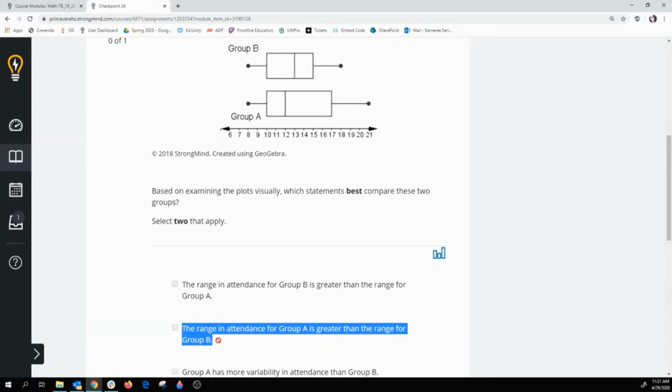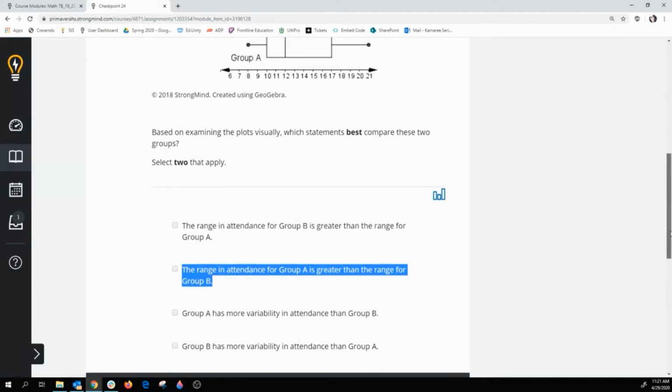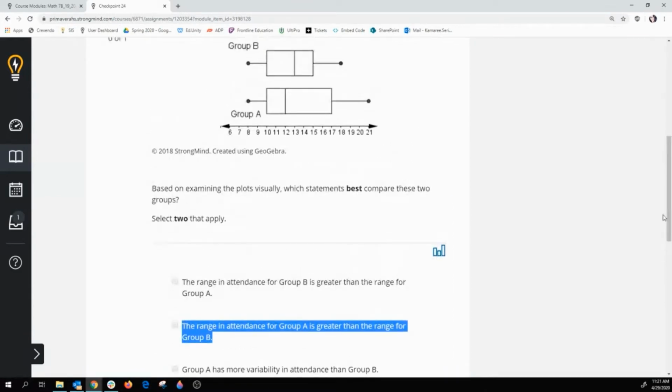And because Group A has a larger range, what does that say about its variability? So since Group A has a larger range, which one of these two groups would have greater variability?